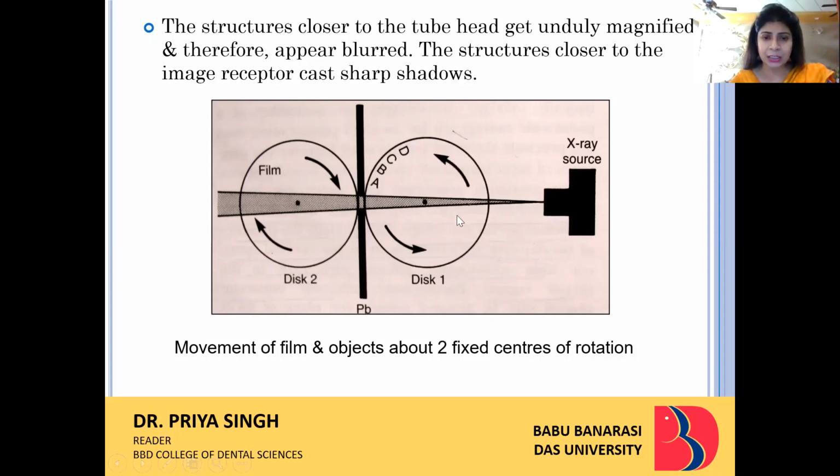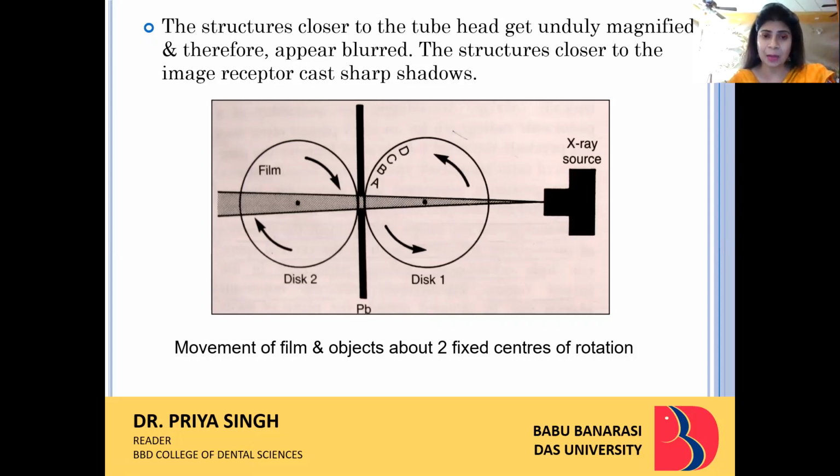As you can see here, disc 1 is nothing but multiple centers of rotation, and disc 2 is the film or the image receptor. So when the panoramic image was first invented, the X-ray source was kept still, whereas the individual was moved around a disc and various centers of rotation were moved.